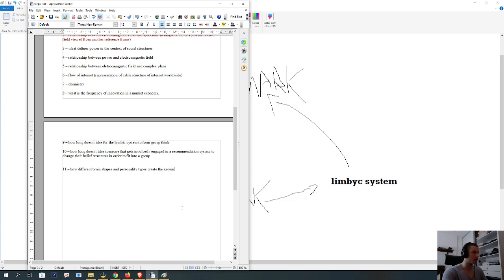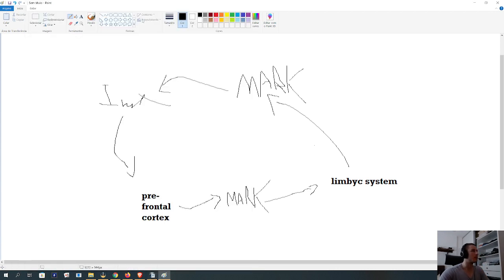Create the geometry of social systems in relationship to space time through the lens of markets. So markets are kind of like a gate.